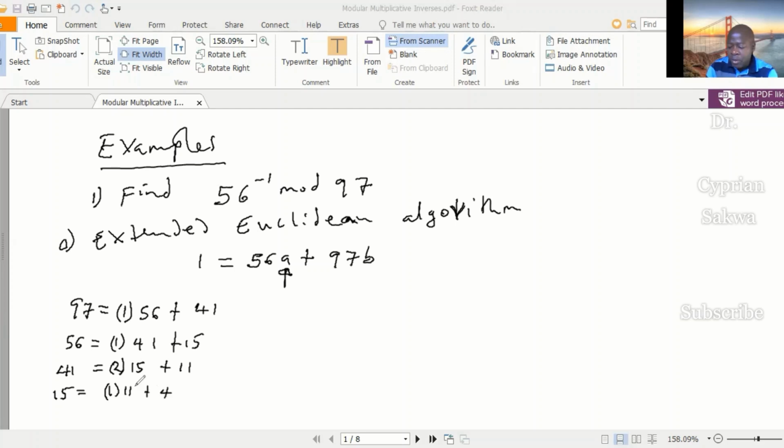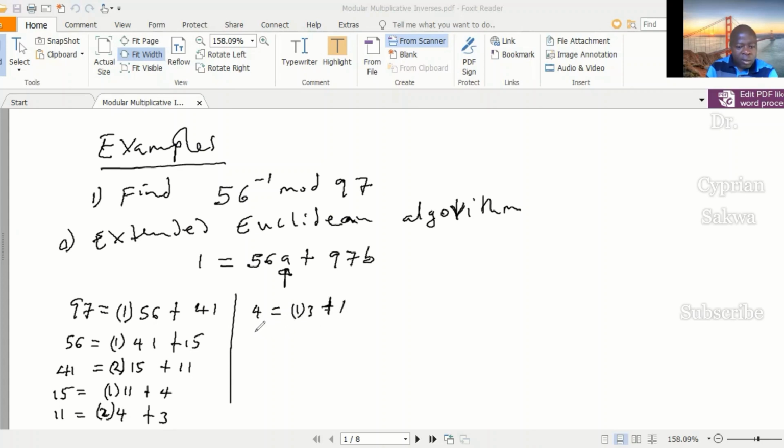And 4 goes into 11 how many times? 4 goes into 11 twice because of 8. And 8 from 11 will be 3. And 3 goes into 4 how many times? Goes there once. And the remainder will be 1.